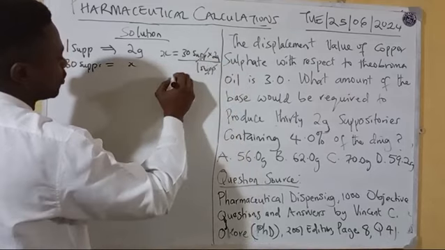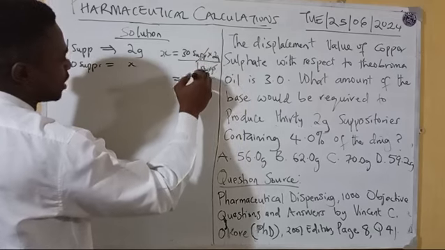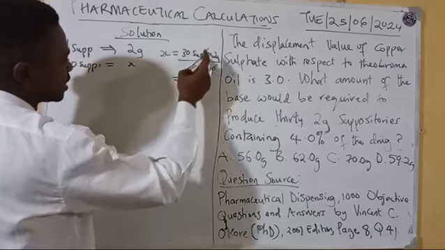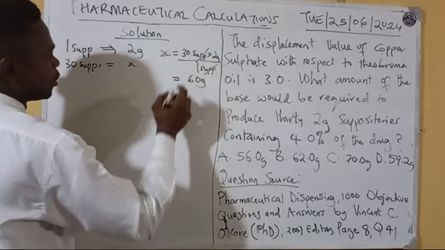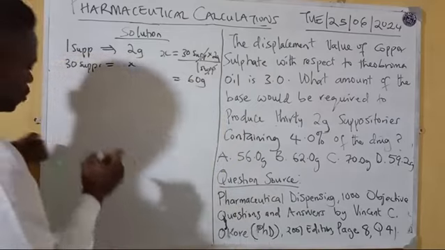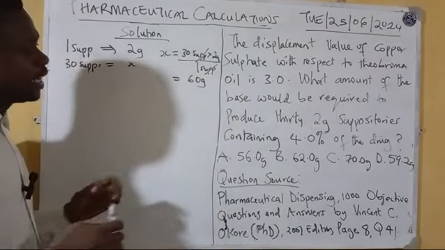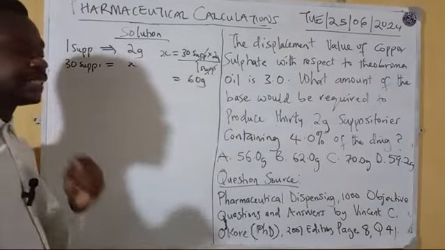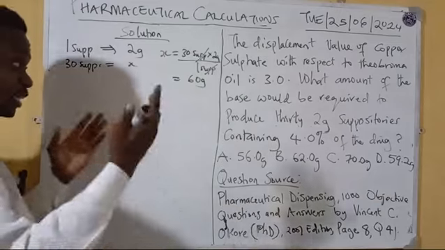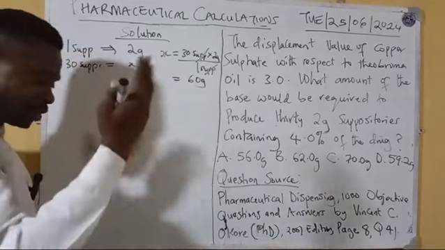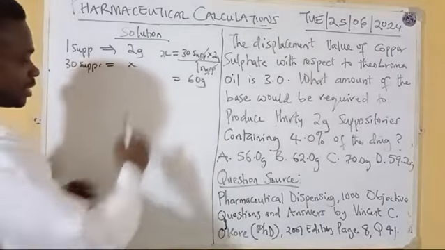Suppository will cancel suppository. 30 times 2 grams is 60 grams, divided by 1 is 60 grams. So the entire ingredients mix for the suppositories weigh around 60 grams.